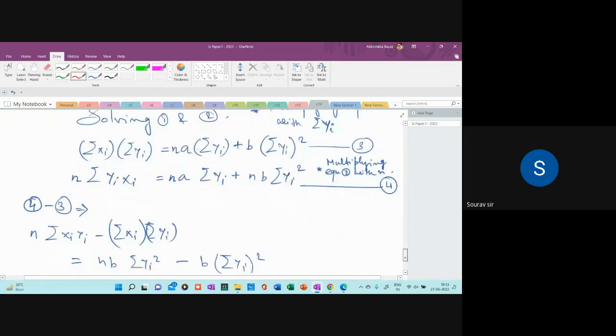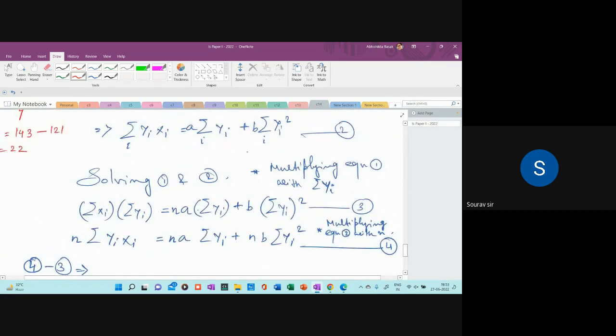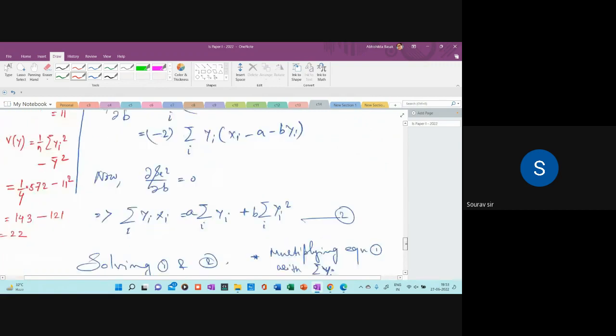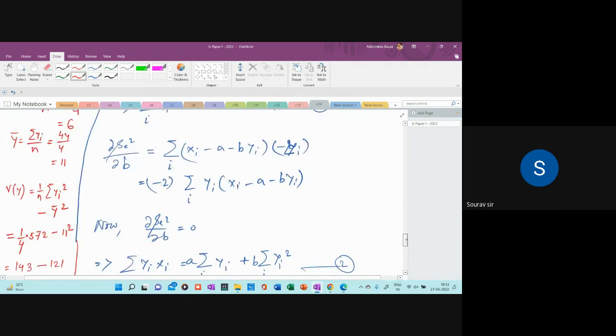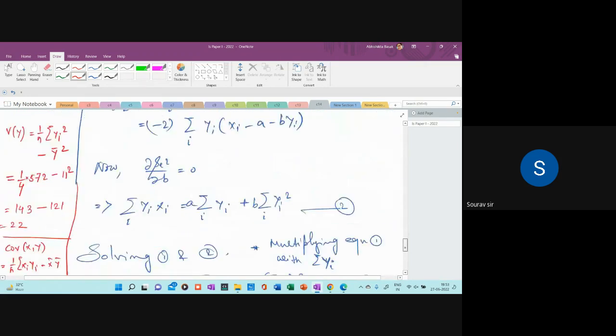Now comes the covariance part. So for finding the covariance, let's increase this line a little bit. The covariance of xy is 1 by n summation xi yi minus x bar y bar. So let's write this. Summation xi yi value is given. Summation xi yi is 300.